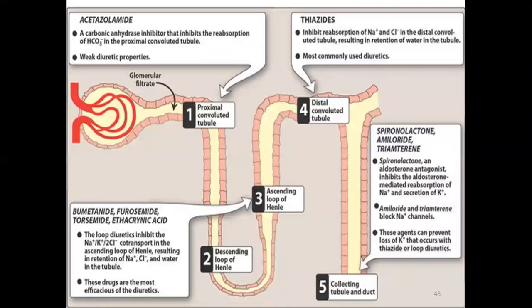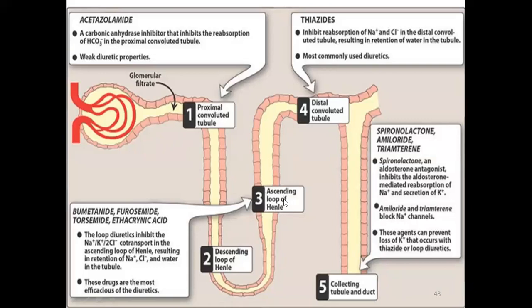This is the summary of the site of action of diuretics. Thiazide diuretics act in the distal renal tubule, but carbonic anhydrase inhibitors act in the proximal renal tubule. The loop diuretics act in the ascending loop of the renal tubule.